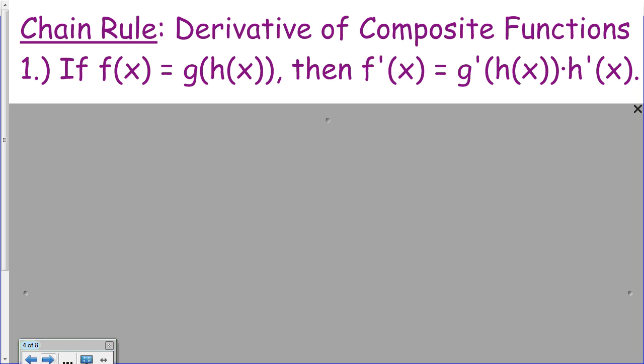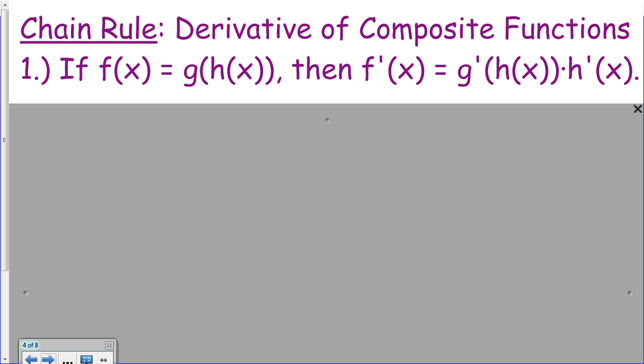So it says if f of x is equal to g of h of x, f of x is a composite function of functions g and h. Then f prime of x is equal to g prime, that's the derivative of the outside function, evaluated at h of x, the inside function, times h prime of x, that is, times the derivative of the inside function.